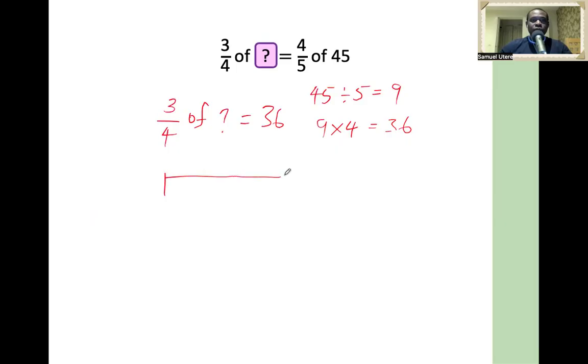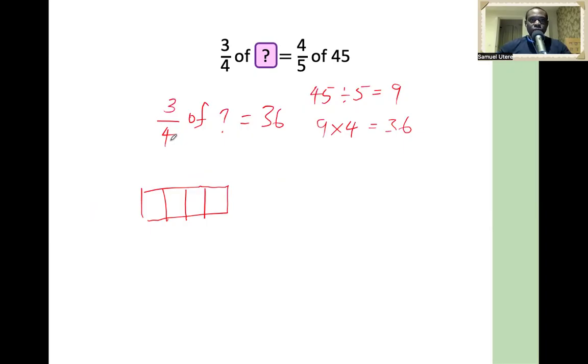So using our approach, if we were to now draw our bar model, I want to make sure that they are all drawn equal. Okay, that looks a lot better.